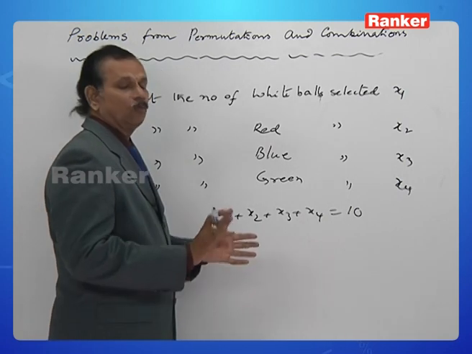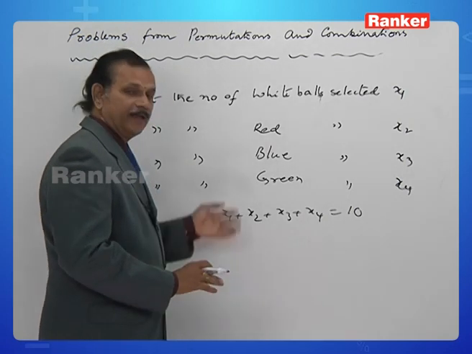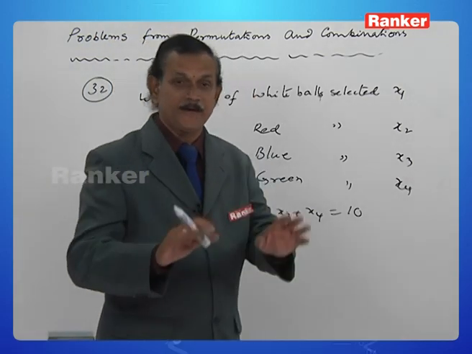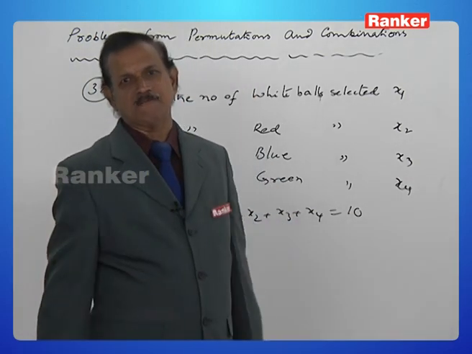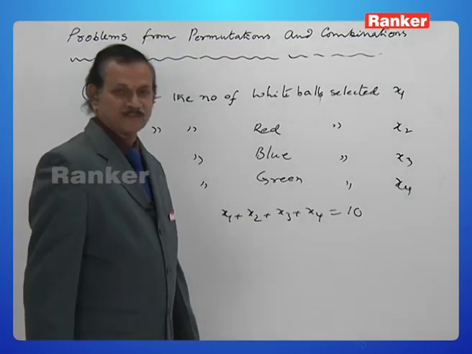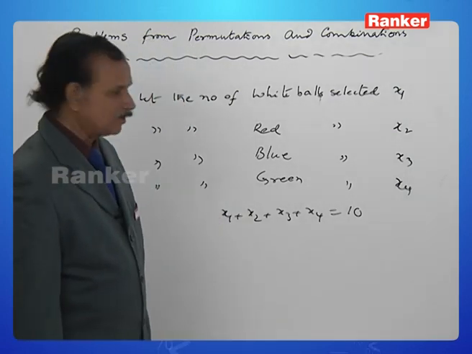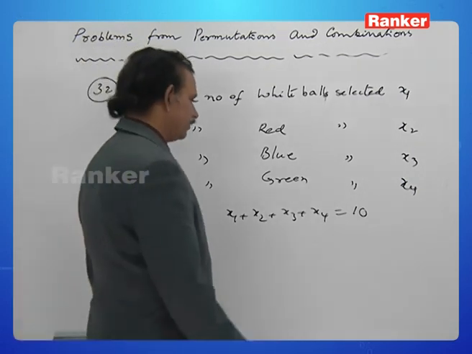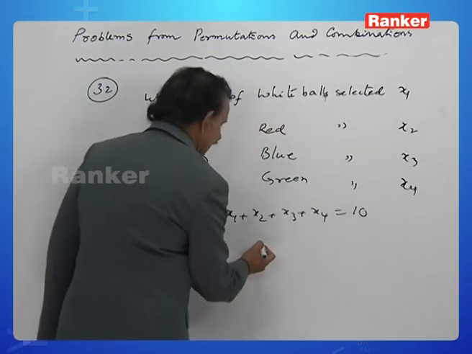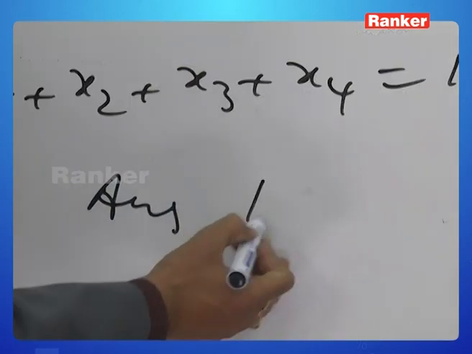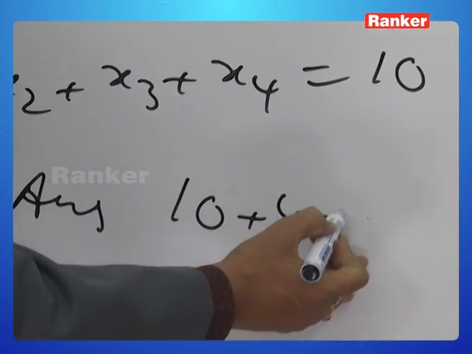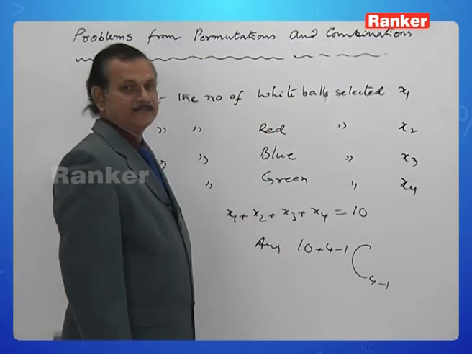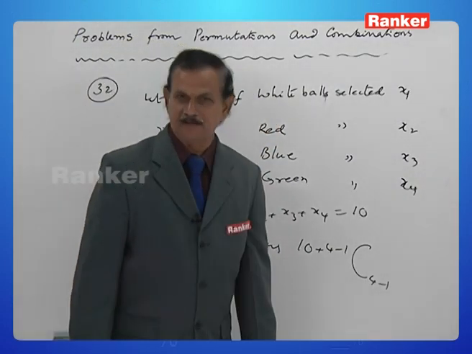That is, we are supposed to find the number of non-negative integral solutions of this equation x1 plus x2 plus x3 plus x4 is equal to 10. According to the known formula, the answer is 10 plus 4 minus 1 c 4 minus 1, that is, n plus r minus 1 c r minus 1.